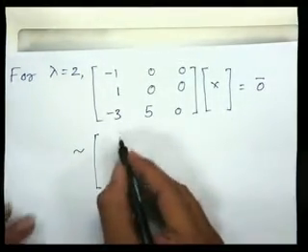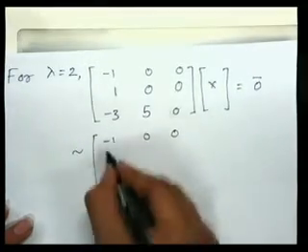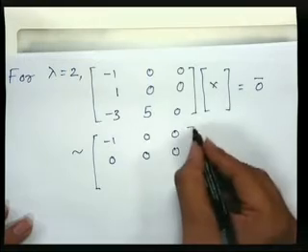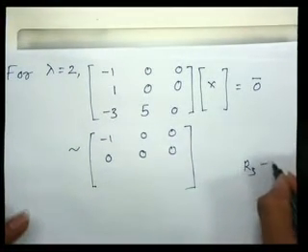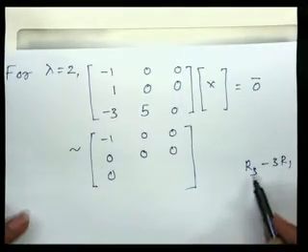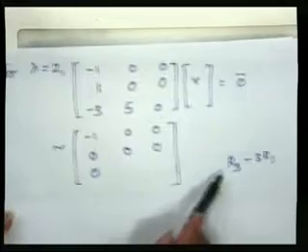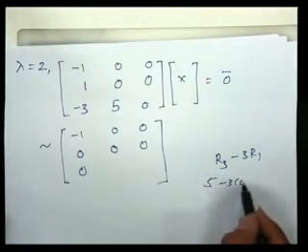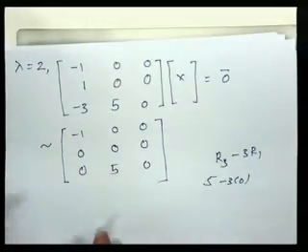We first keep the row minus 1, 0, 0, and the operation we do is R3 plus minus 3 times R1. By doing this, R3 is 5 minus 3 times R1, that is 0, so we have 5 and 0, and this is the row echelon form.